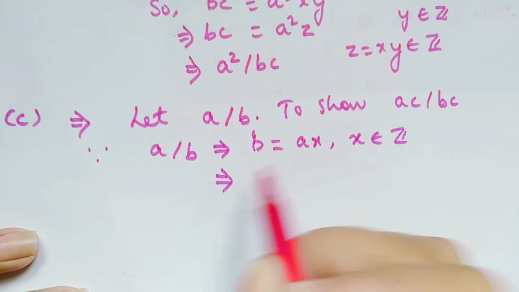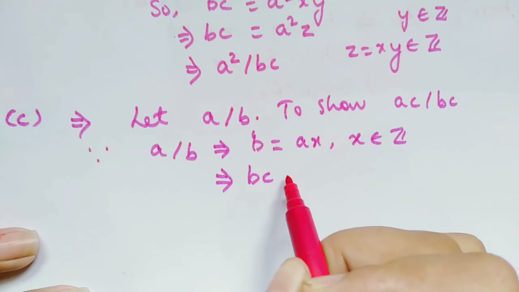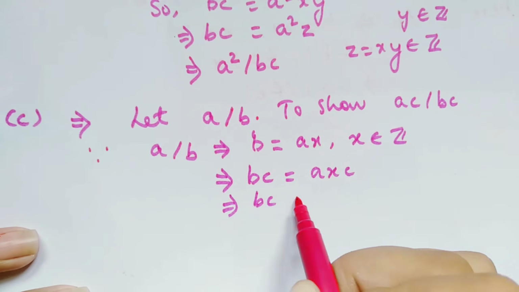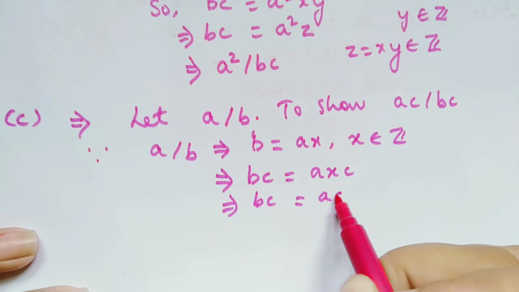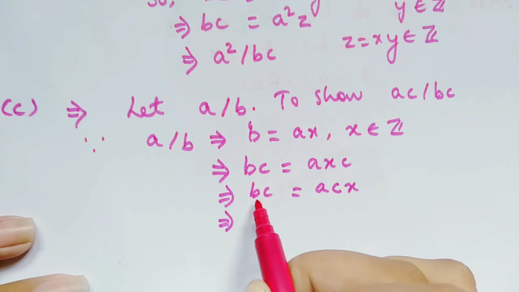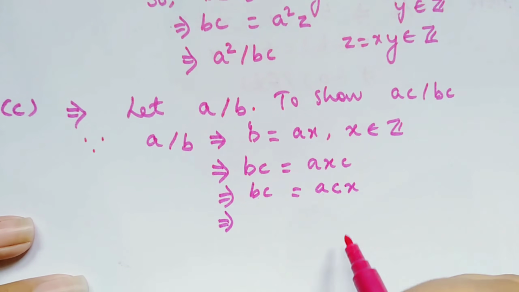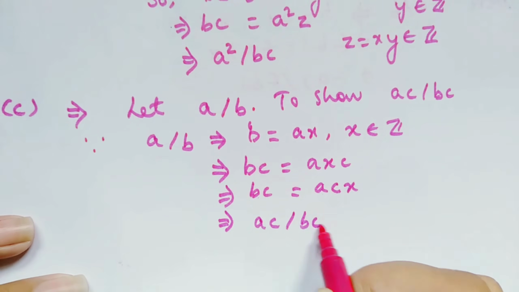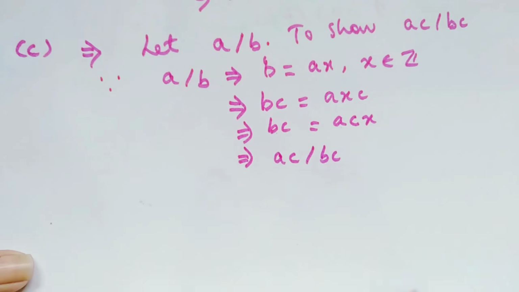Now what to do in order to get BC? We multiply on both sides by C. Now see here, write this one as CX. It's the same only. So BC is written as AC into some integer X, so it implies that AC divides BC. That is one way.